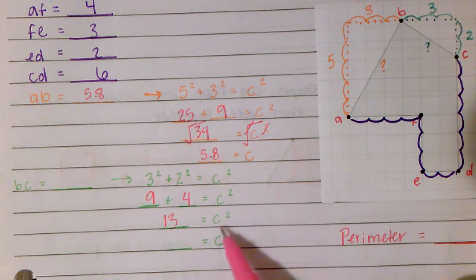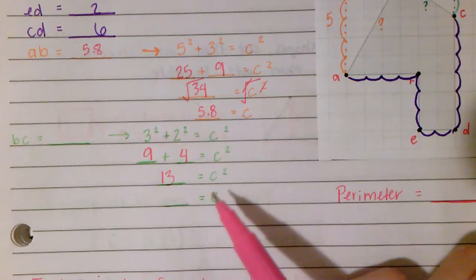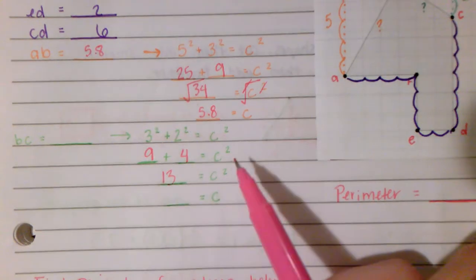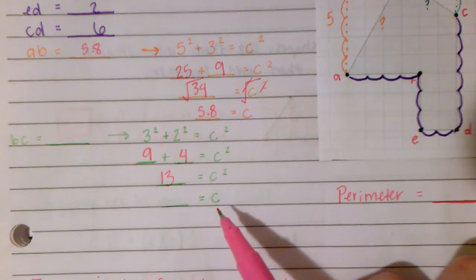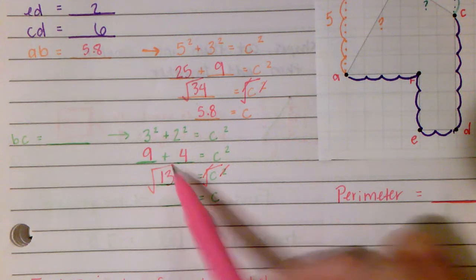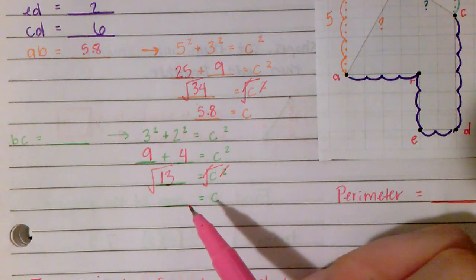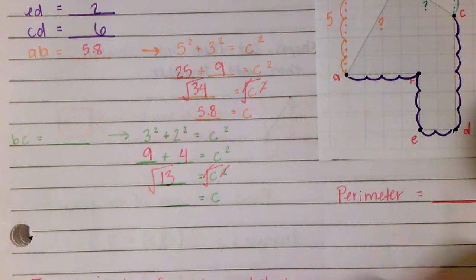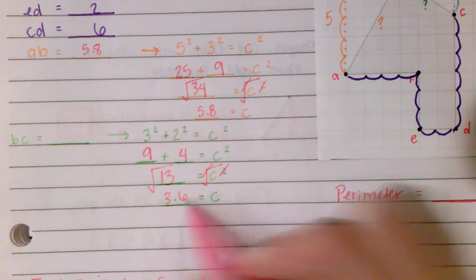And you just got to keep bringing this down. And if the goal is to get c by itself, there's never any reason why these numbers need to be moved over. The only thing that has to go away on this side, at the very end, is our squared. So to undo squared, we square root. And if we square root one side, we have to square root the other side. So the square root of 13 is 3.6.